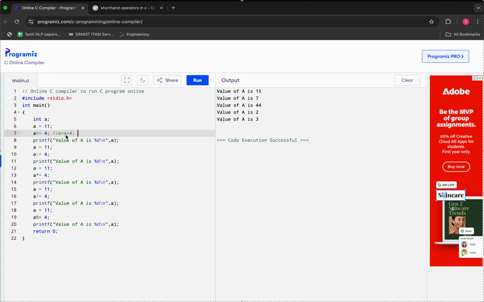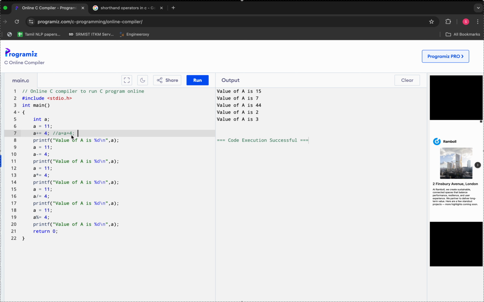So my a value is 11 plus 4. The answer is 15. That result will be stored in a. Value of a is 15. I hope you know the printf statement. Go to line number 9. Again they are assigning a, because according to the previous line your a value is 15.